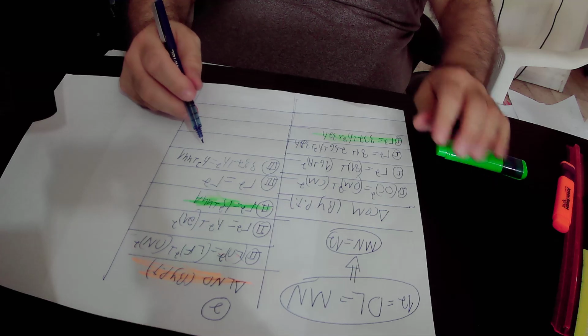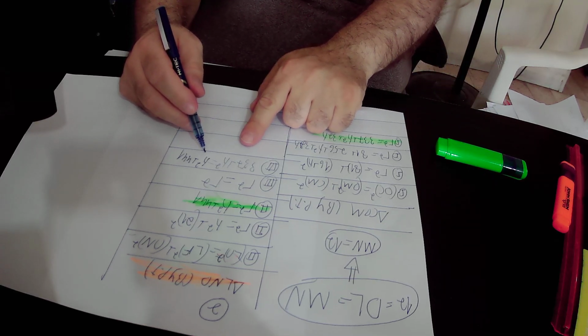So here we have H squared on both sides of equation number 3, so H squared will get cancelled.